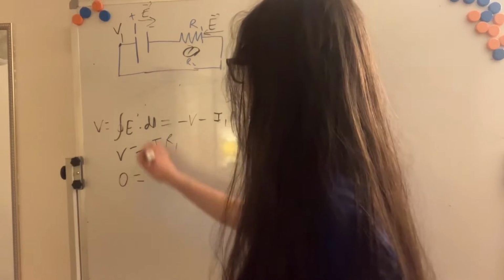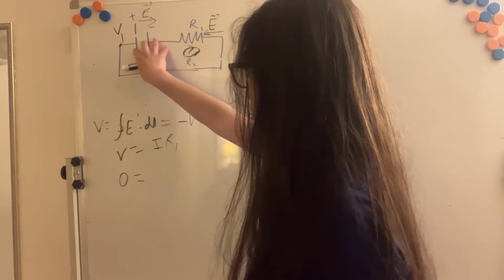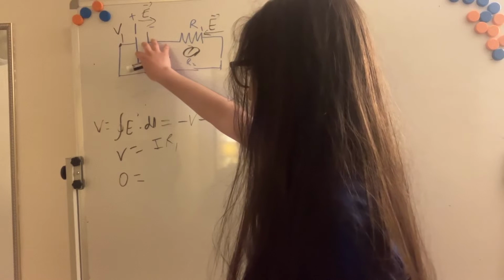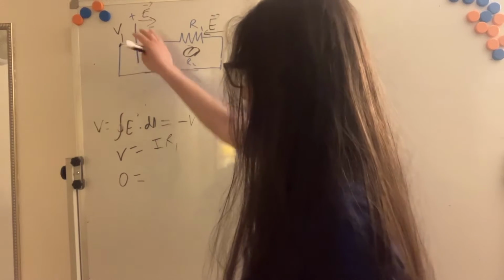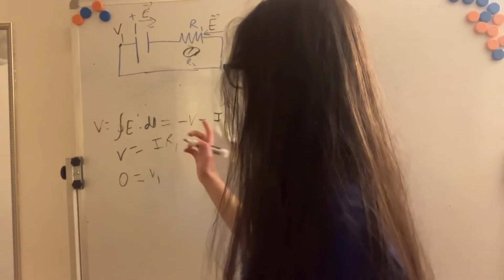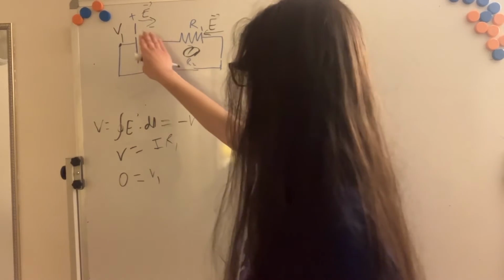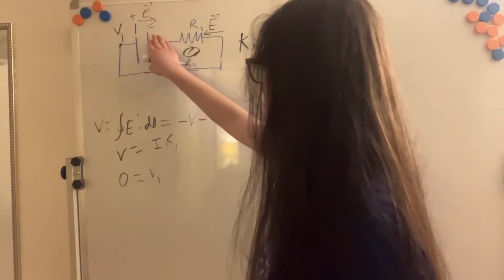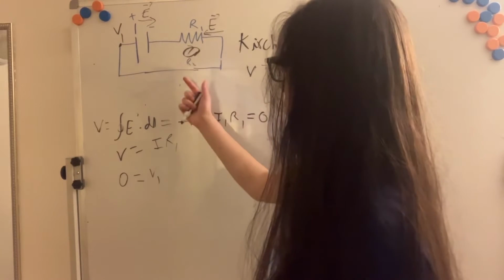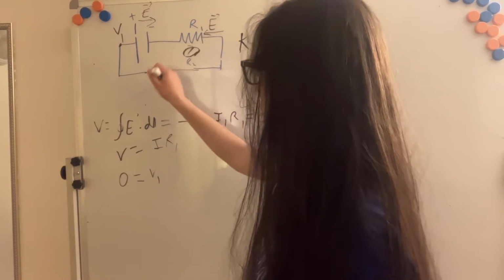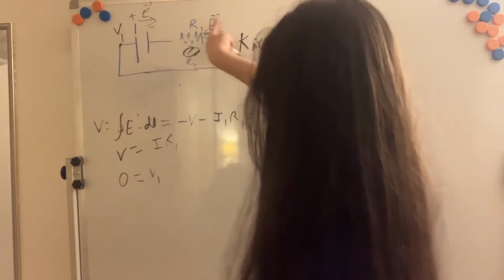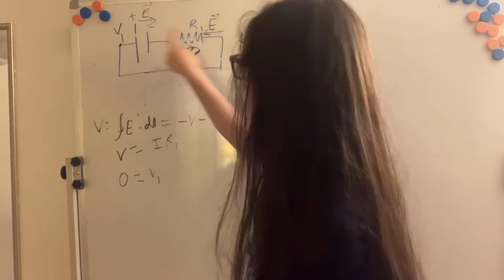So there is another way in which we could say 0 is equal to the integral of the electric field times dl. It would be positive, so V1 positive because we're going from positive to negative. And here we would say we're going in the other direction, because we took this direction for walking around the loop.